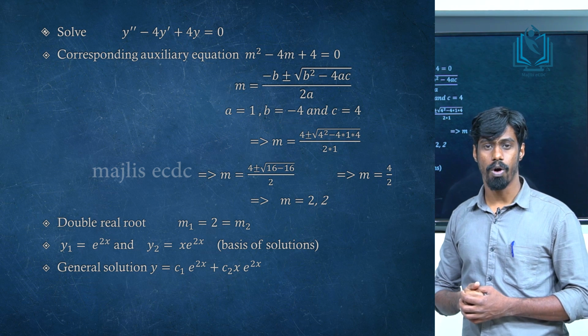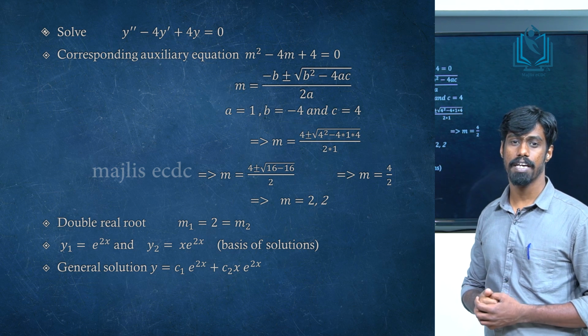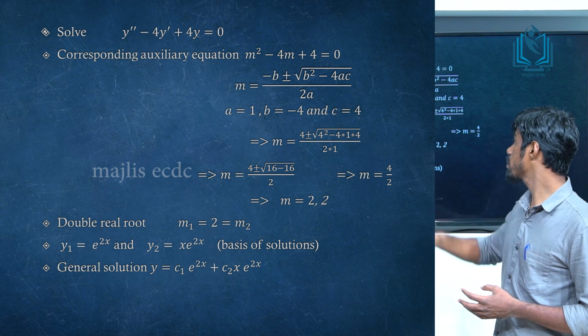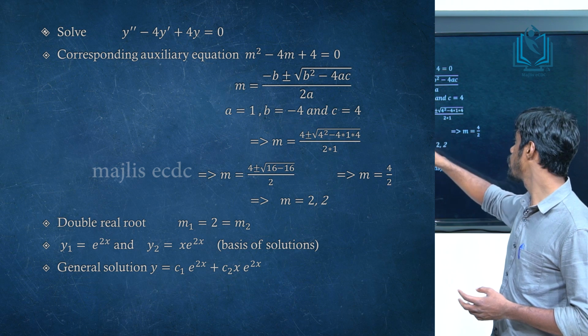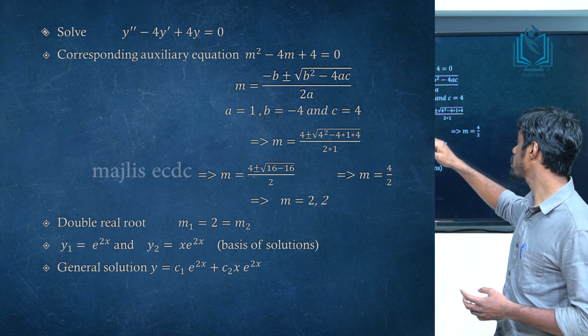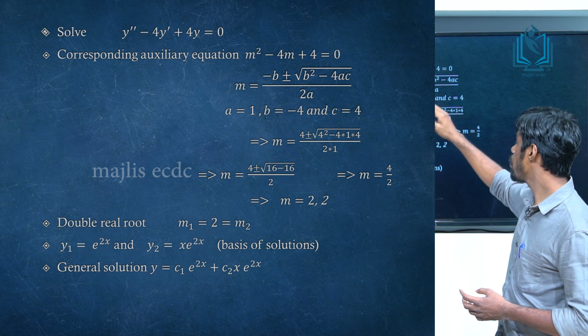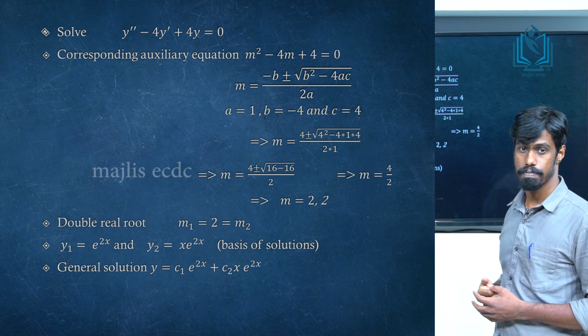This is a quadratic equation with the variable m. Solve this quadratic equation using this formula: m is equal to minus b plus or minus root of b square minus 4ac all divided by 2a.